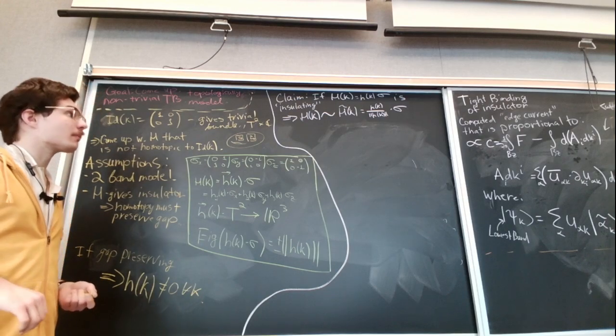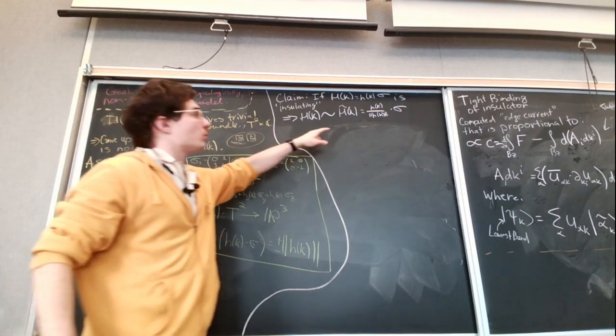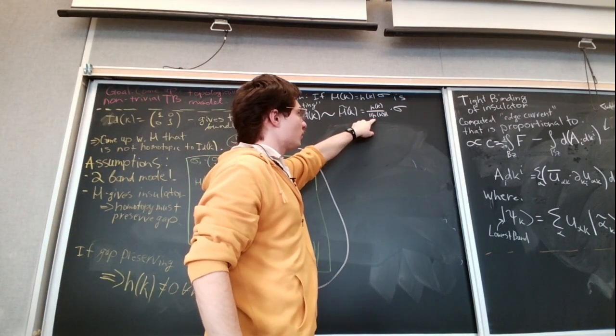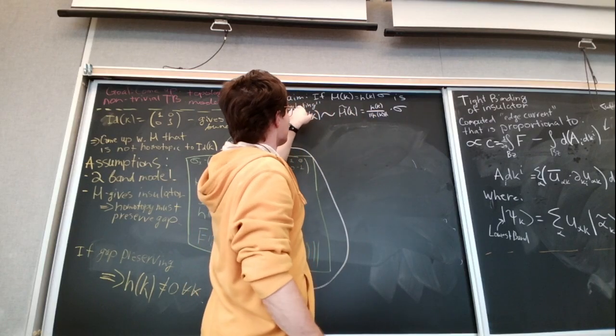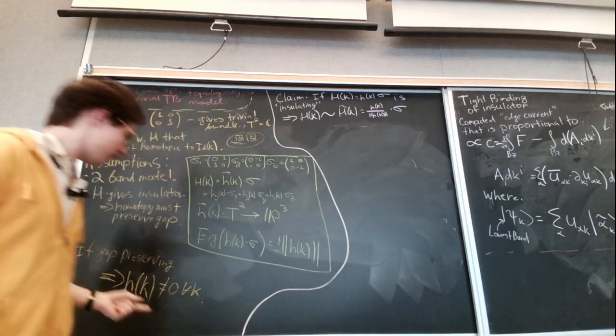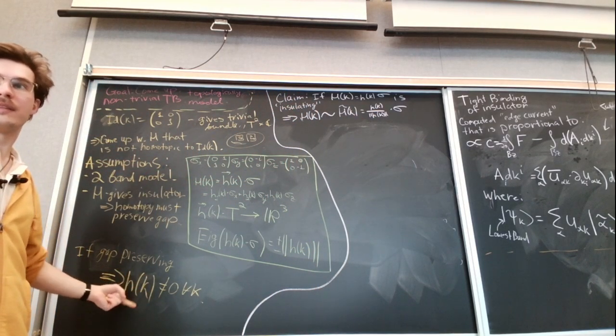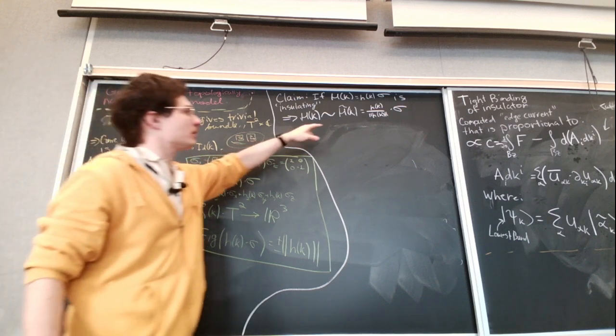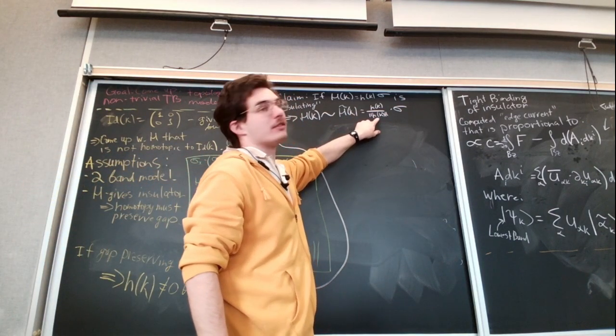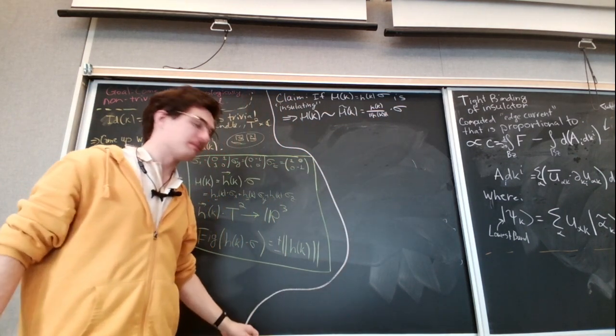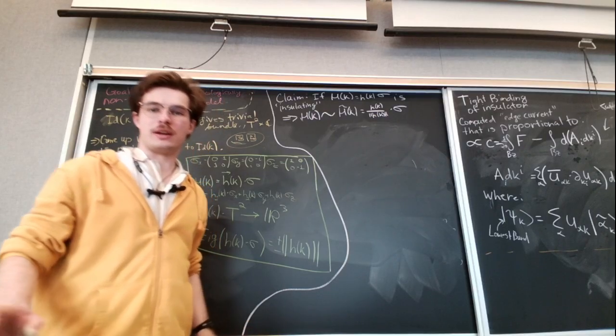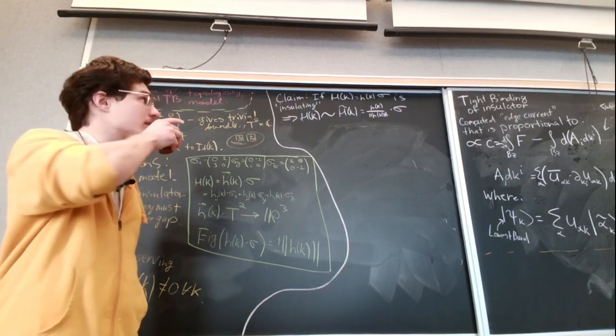This is still a well-defined thing because when I say insulating, I mean there's a gap. And if there's a gap everywhere, that means h of k is never 0, so dividing by its norm is okay. I'm never dividing by 0. Okay? So this is the claim.